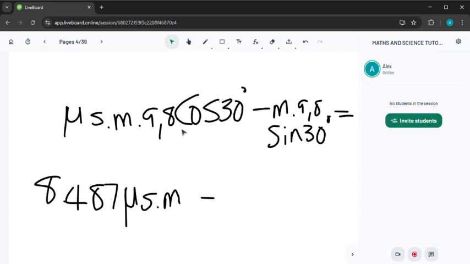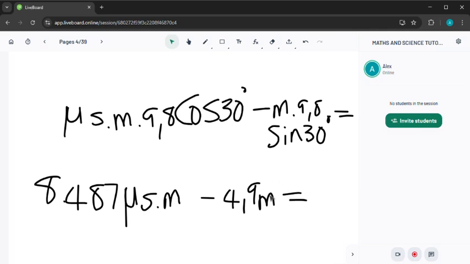This is equal to minus 4,9. There's M there, right? Yes, 9,8 multiplied by sine of 30 degrees is giving me 4,9. And then there is also mass there, which is equal to 0.